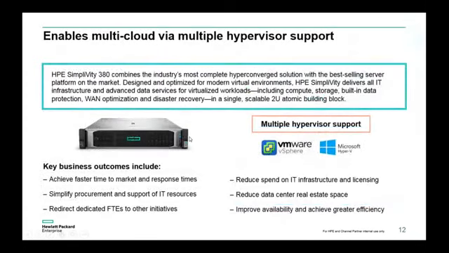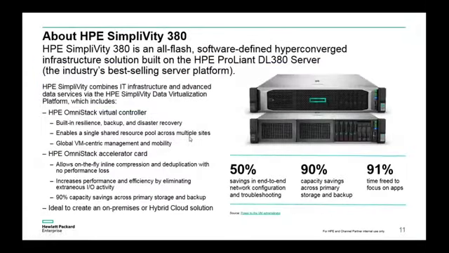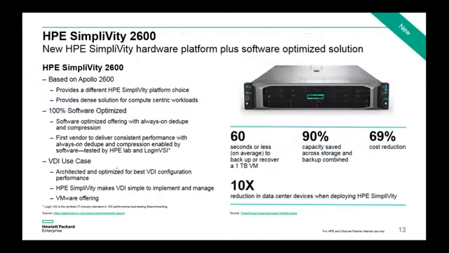If you go back to the previous screen, we mentioned it's a hardware accelerator card, the OmniStack accelerator card, which is always on the fly, inline compression and deduplication. So this is with the DL380 Gen10, but when we come to the 2600 series, that is software optimized, 100% software optimized.